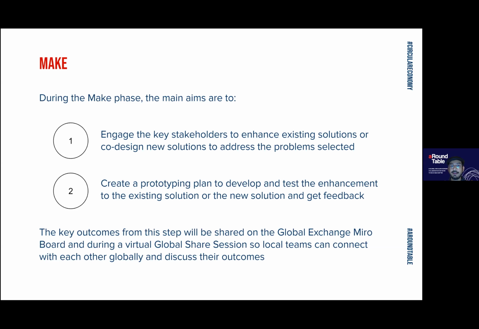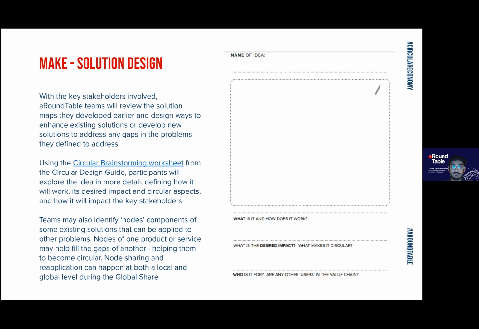And it could be, as I said, ways to enhance existing solutions or develop new ones that specifically address the different gaps. And with this step, it's really about working out in more detail what the solution is, how it works, what the desired impact is, who it is for, et cetera.